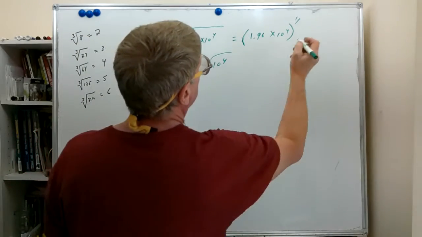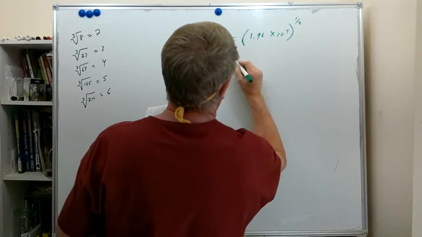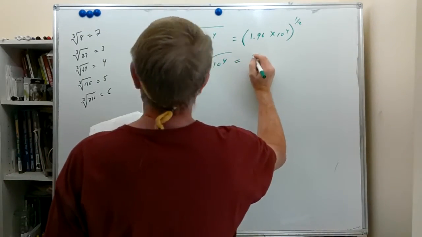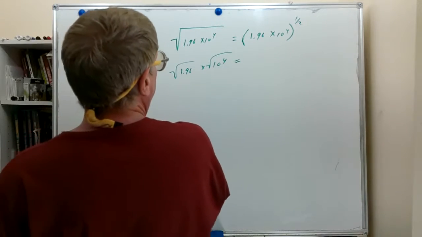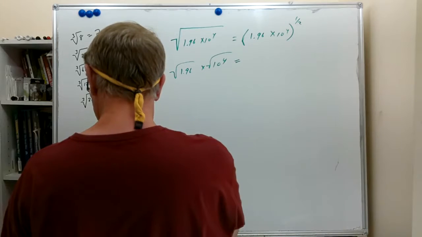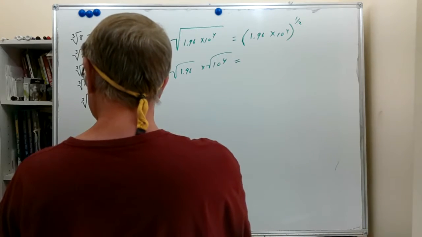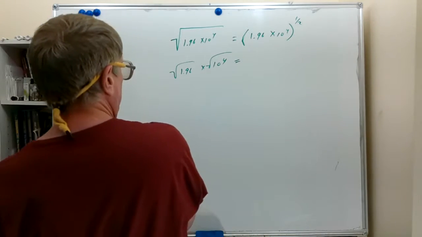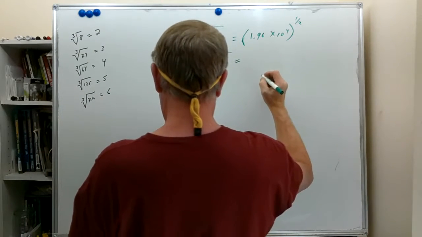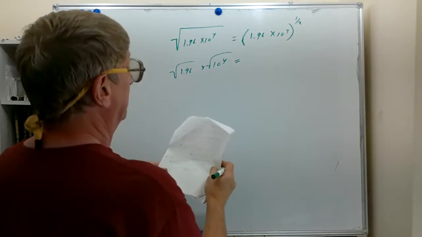Well, we'll continue with this particular example, but basically the square root of 1.96 gives 1.4, okay. Oh yeah, I'm in the right place here.